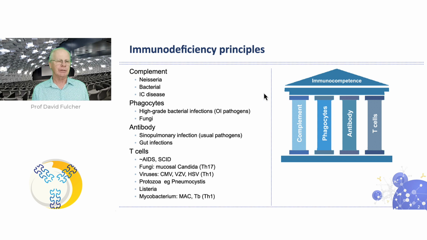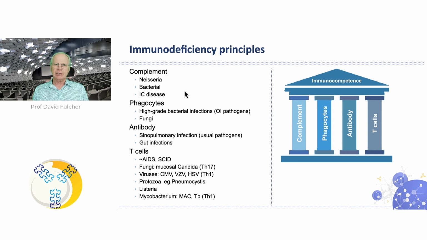So if your complement system is down, particularly the alternate pathway, you're susceptible to Neisseria, classical pathway and common pathway, which is C3, bacterial, and classical pathway, immune complex disease, which is not really immunodeficiency, but I just put it in there to remind you.